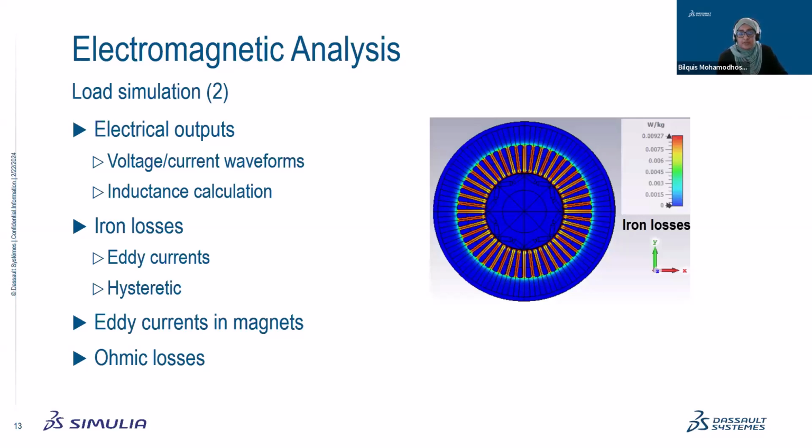That can be in terms of induced eddy currents, or hysteretic losses as well, due to the change in flux direction while the machine is rotating. We can also have eddy currents in the magnets and ohmic losses in the windings, whether they are stator windings, or sometimes we have motors with windings at the rotor. So we can also look at the ohmic losses in the rotor windings.